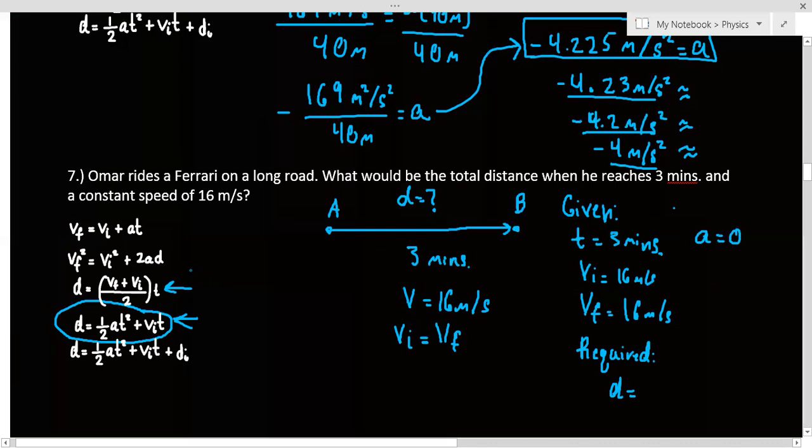As you can see, in the third formula, you have final velocity, initial velocity, and time, so all of them are given except displacement. One is missing, so you can use it.